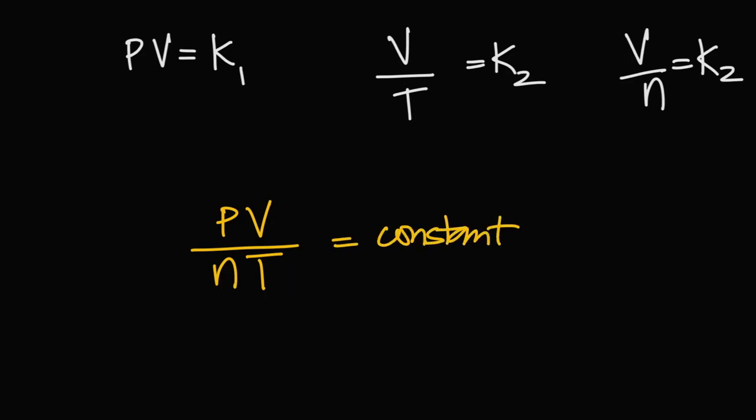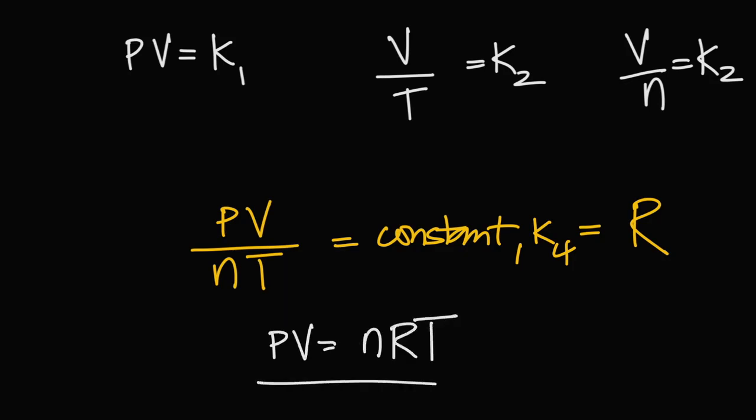Let's call that K4. But that constant actually is now called R. It's known as the universal gas constant. And what that does is, it mathematically connects Boyle's law, Charles' law, and Avogadro's law into one equation. And we call that equation the ideal gas equation.